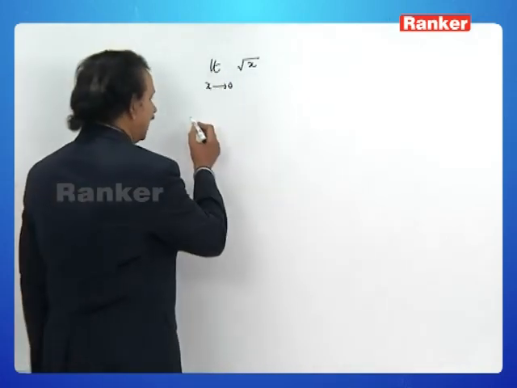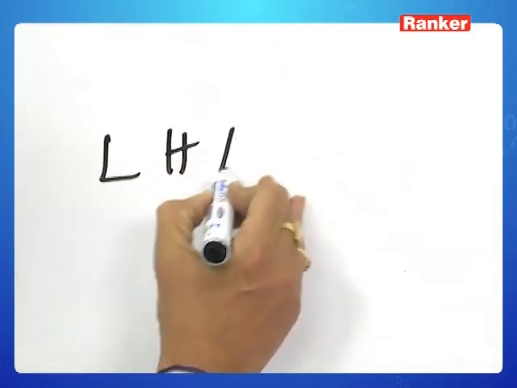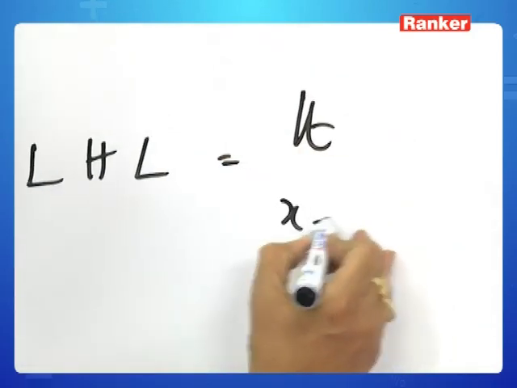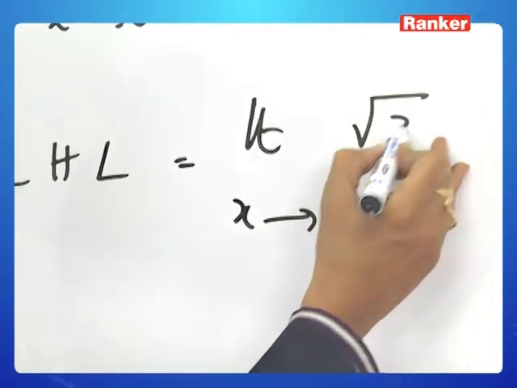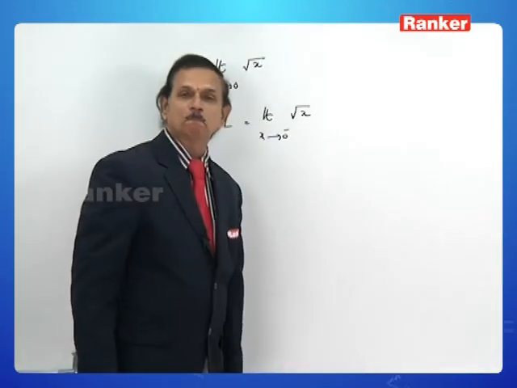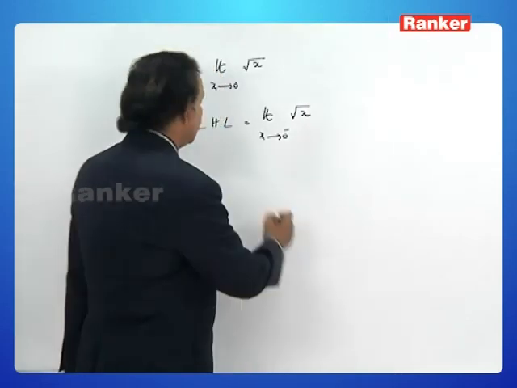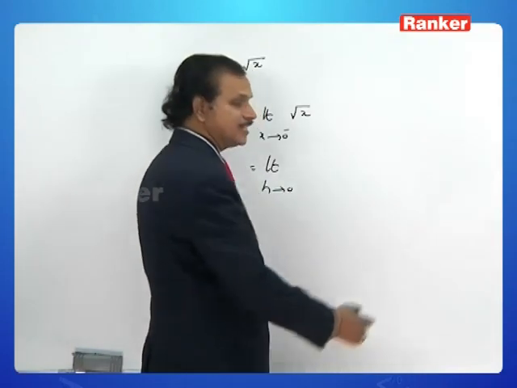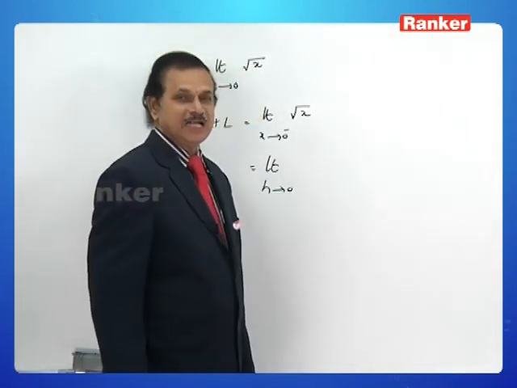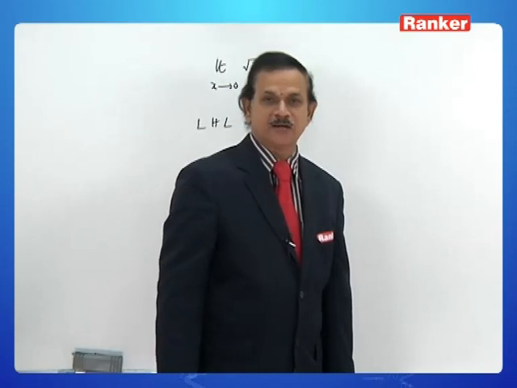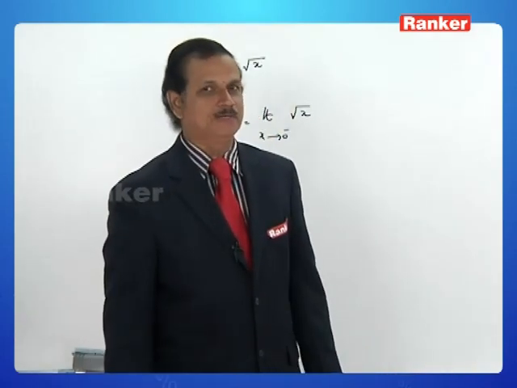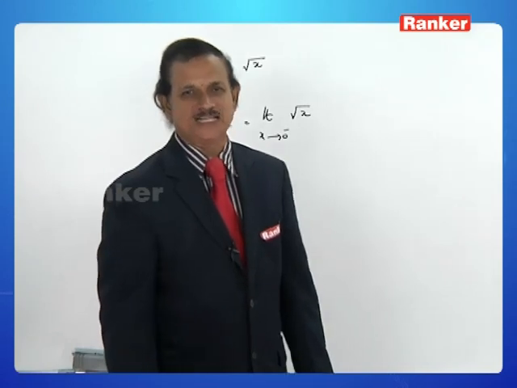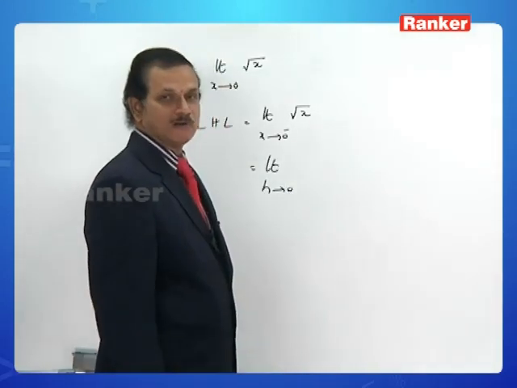First of all, let me calculate the left hand limit. What do you mean by left hand limit? Limit as x tends to 0 from left of root x. Just now we have discussed that a one-sided limit, either a left-hand limit or a right-hand limit, could be estimated in the h concept, that is limit as h tends to 0 of f of a minus h.